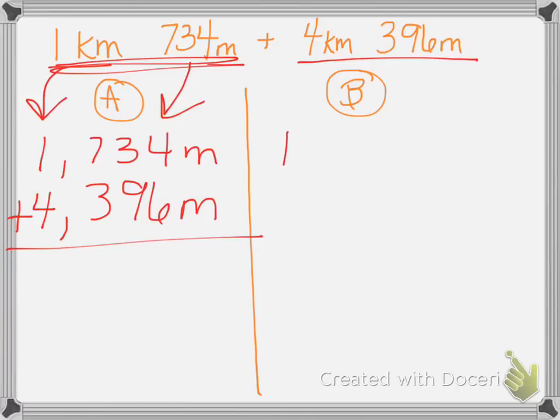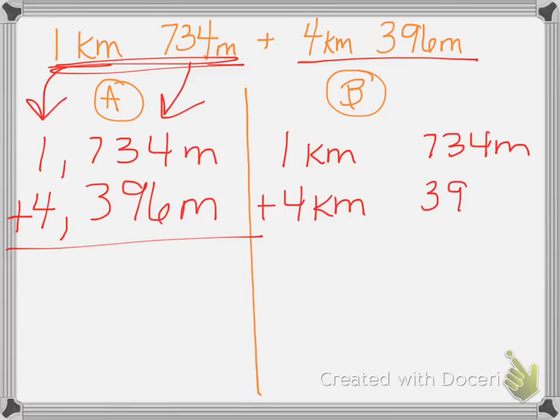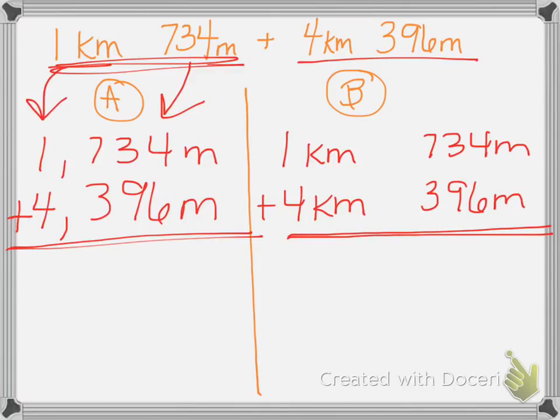I'm going to keep my units the same. 1 kilometer, 734 meters, plus 4 kilometers. Notice how I'm lining up my kilometers, lining up my meters. Okay, notice how over here we just have meters. Over here we have mixed units. We kept our kilometers, we kept our meters.